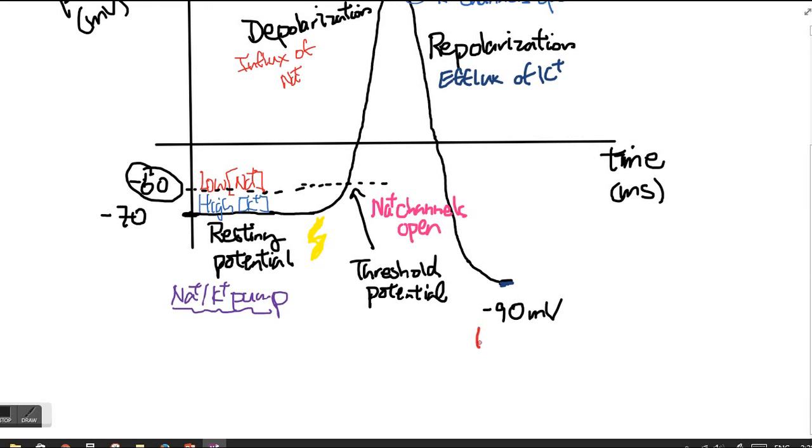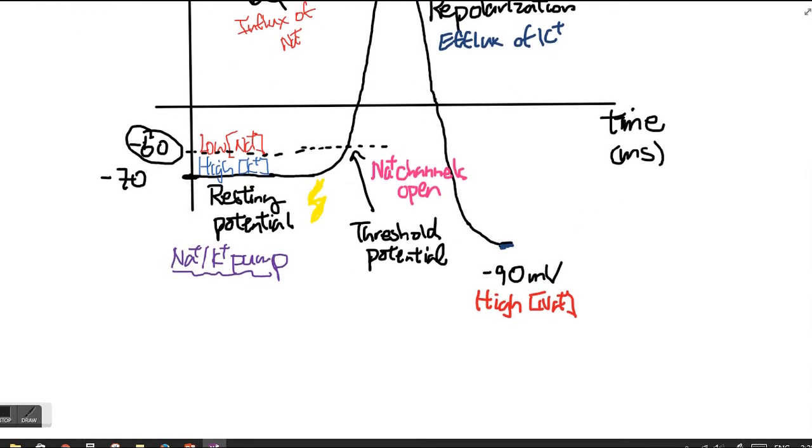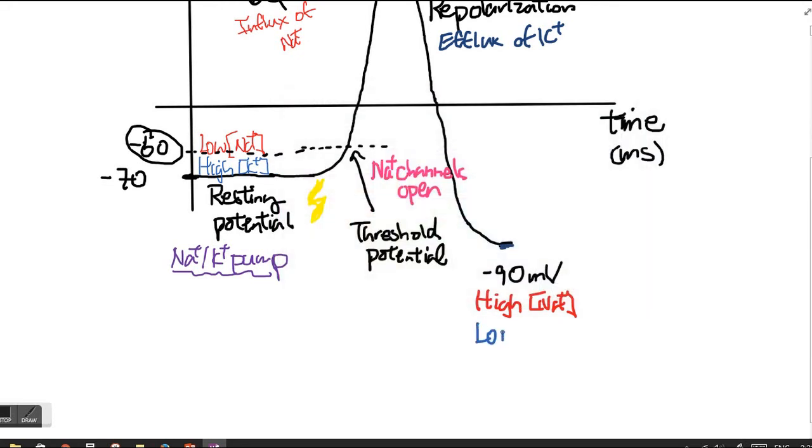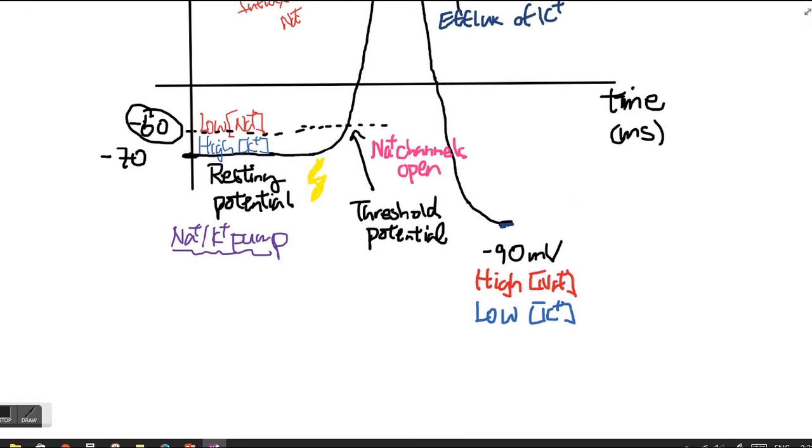At the bottom here, the sodium is going to be high because of the influx, and they haven't had a chance to leave yet, and the potassium is going to be low because they've just exited through the efflux.